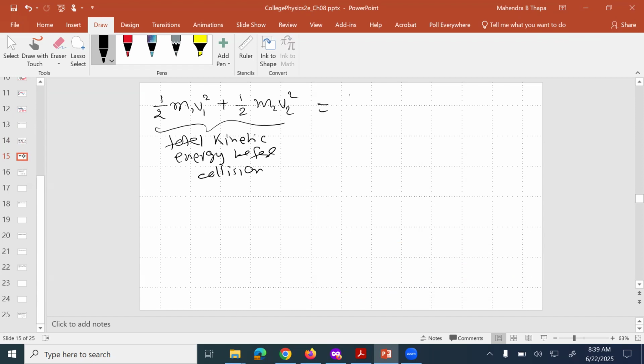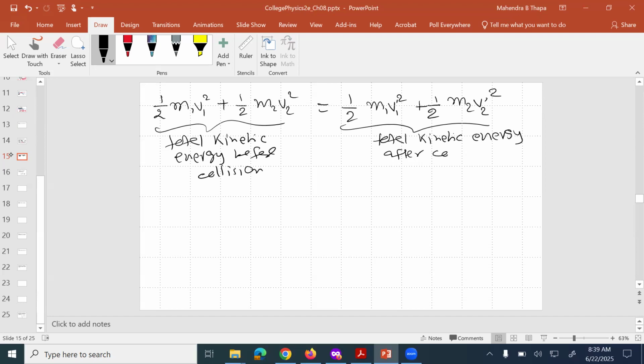That equals half m1 v1 prime squared plus half m2 v2 prime squared. This is the total kinetic energy after collision.